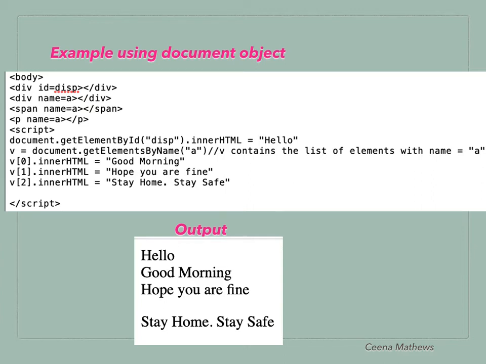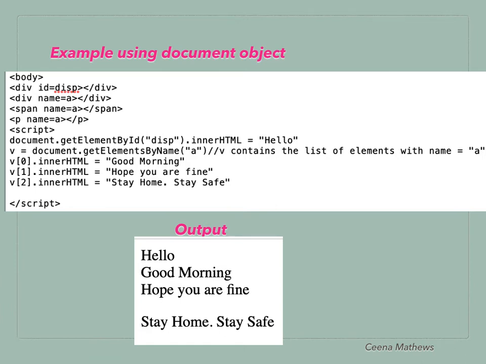So in order to do that, you have to give the object name document.getElementById, within brackets the ID of the div, which is here disp, and close bracket, dot innerHTML. That is the property used with getElementById to print a message on the document. So that prints, as you can see in the output, the message hello in the first div portion.